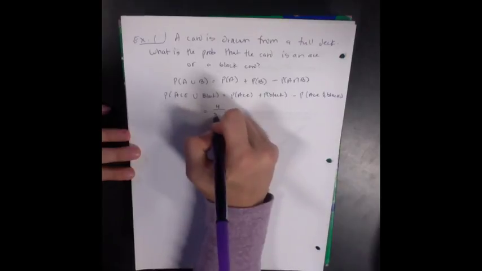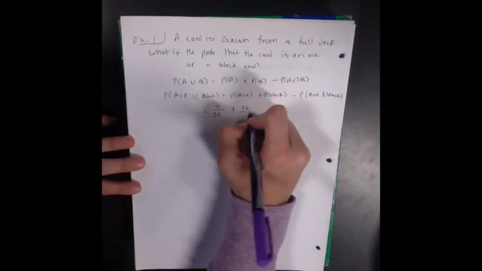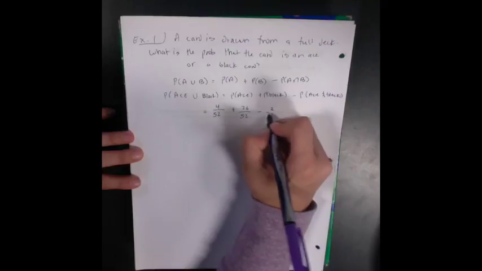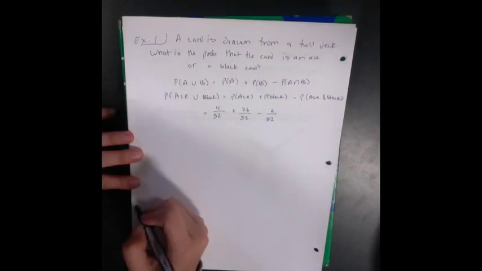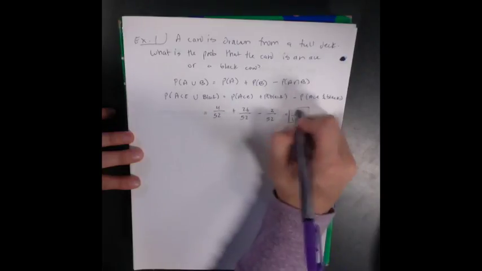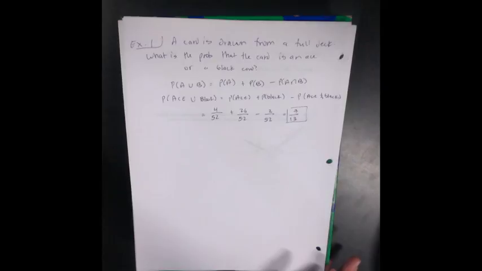The probability of getting an ace: there are 4 aces out of the 52 cards, plus the probability of getting a black is half of the 52 cards, so 26 over 52, minus 2 of the aces are black, so 2 out of 52. And this gives us 7 out of 13 as our final answer.